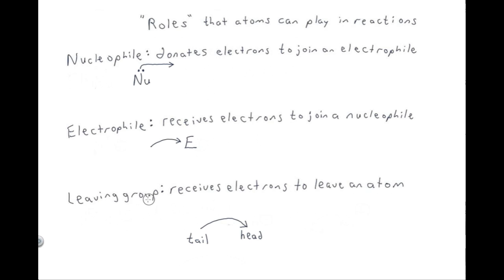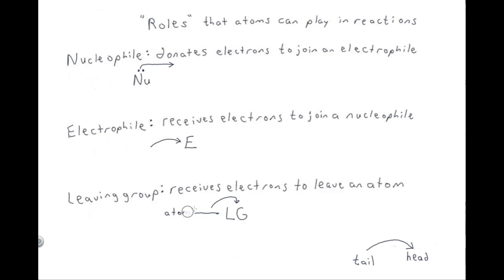Now, what about a leaving group? Should we draw a leaving group at the head or the tail of an electron-pushing arrow? Well, remember that a leaving group receives electrons. In order for the leaving group to receive electrons, the leaving group must also go at the head of an electron-pushing arrow. And this is the way the arrow would look. Remember that this leaving group has to be leaving some other atom.